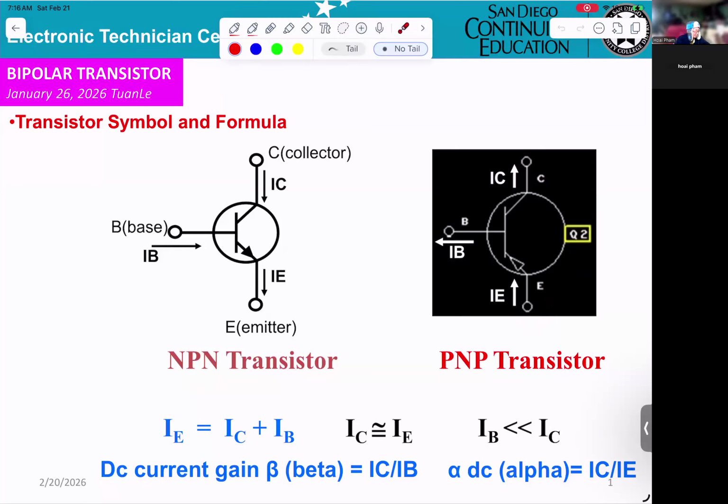Normally we use beta, the ratio between IC and IB. That's a very basic thing we have to know.